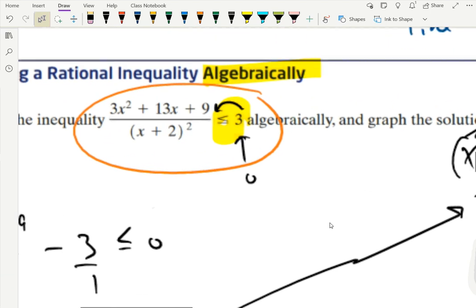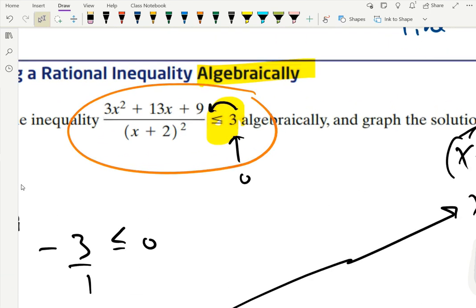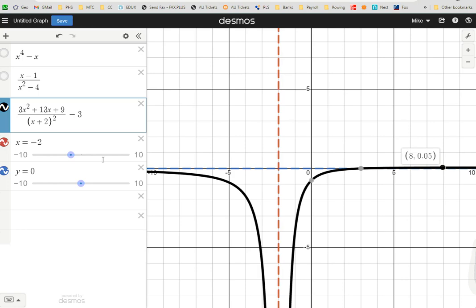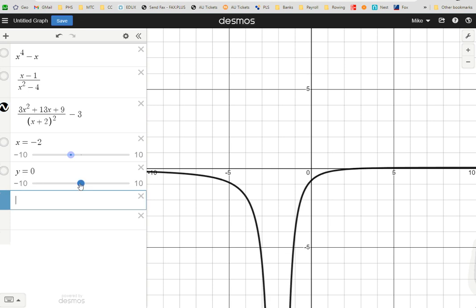The other way we could have done it is if I was using strictly graphing technology. Let me go back into Desmos and show you what this would have looked like otherwise. So if I do this piece, and then get rid of these, and let me plug in here y equals 3. There we go.